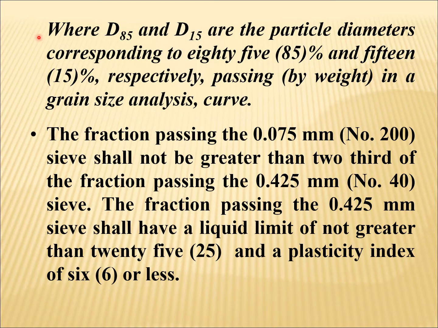Now here D sub 85 and D sub 15 are the particle diameters corresponding to 85% and 15% respectively, passing by weight in a grain size analysis. I'm sure you have used D10, D30 and D60 in geotechnical engineering 1 and during the sieve analysis. So the same concept can be used over here, but it is corresponding to 85% passing and 15% passing.